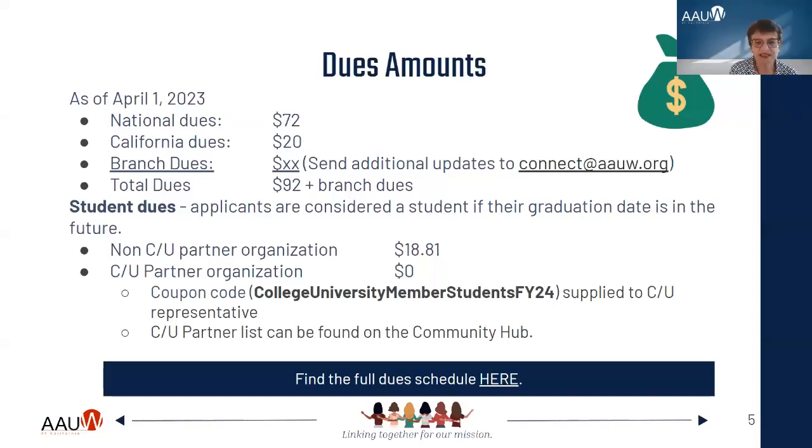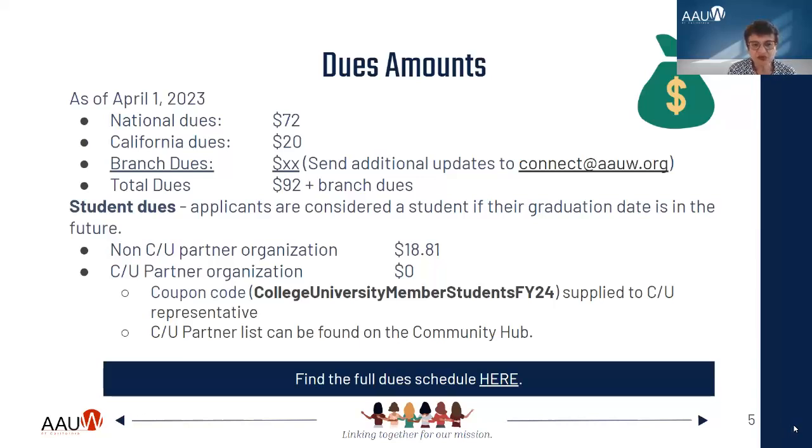Just put something like "updated branch dues" in the subject title, and give it a couple of days for those new rates to kick in. So your total dues then become $92 for national and state combined, and then whatever the branch dues happen to be.